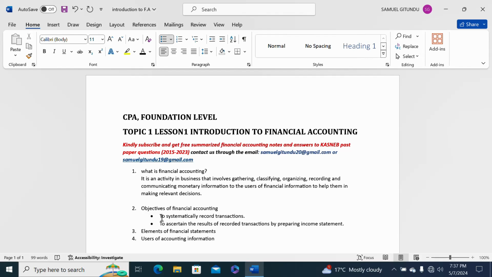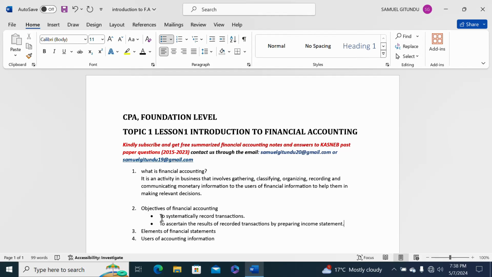An income statement is a statement that shows your revenue and your expenses. For example, if you have made sales, that is revenue.